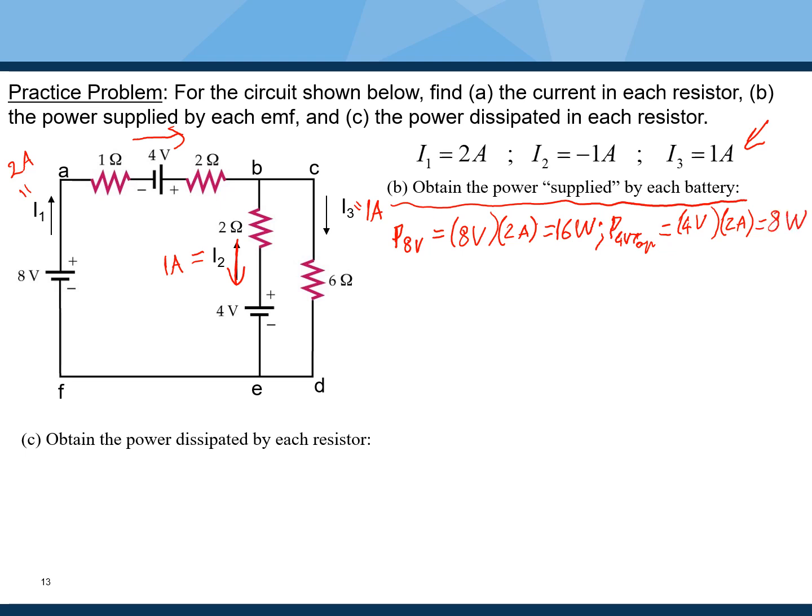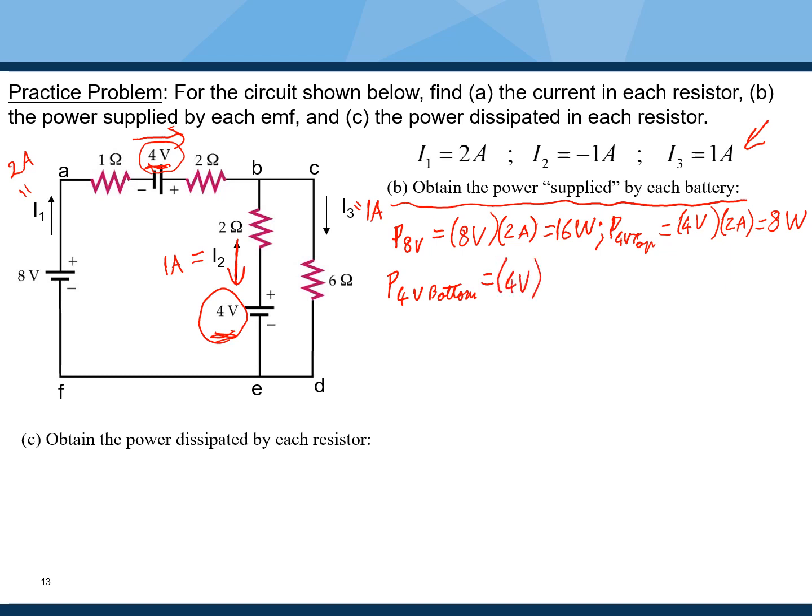Now let us focus on the 4-volt battery that is in the center leg between B and E. So this is the 4-volt battery, and we'll say that that's the battery at the bottom just to distinguish it from the 4-volt battery on the top. So this is the 4-volt battery on the top, this is the 4-volt battery on the bottom. Okay, so the power supplied by the 4-volt battery on the bottom is equal to 4 volts.